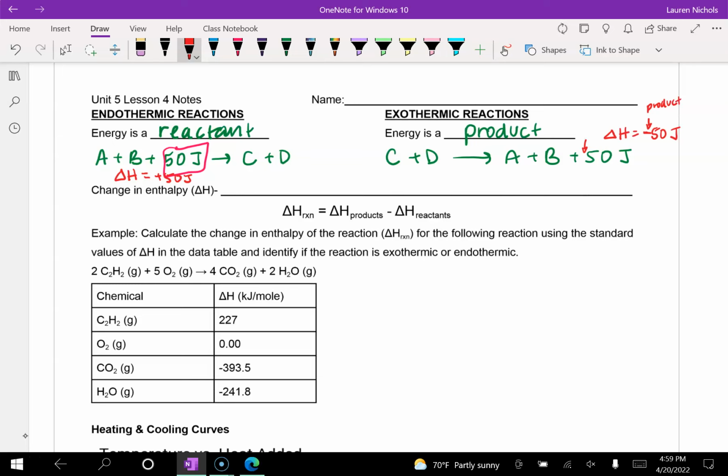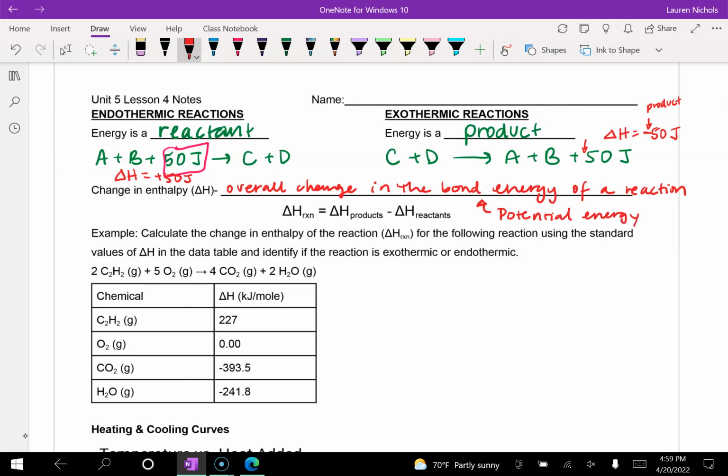So when we look at the change in enthalpy, this is the overall change in the bond energy of a reaction. Remember, that bond energy is the potential energy that is stored in the bonds of the molecules.